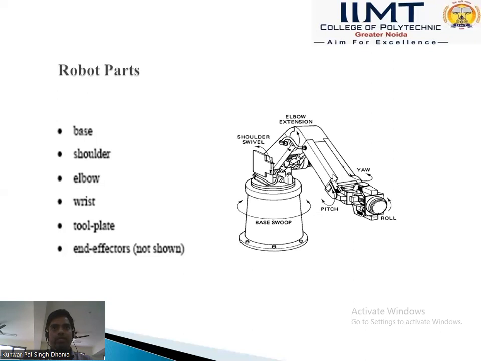This is called the wrist of a robot. The tool plate is attached here, and the end effector is linked to this tool plate, and the end effector depends on the task the robot has to perform. So these are the parts of a robot: base, shoulder, elbow, wrist, tool plate, and end effector.